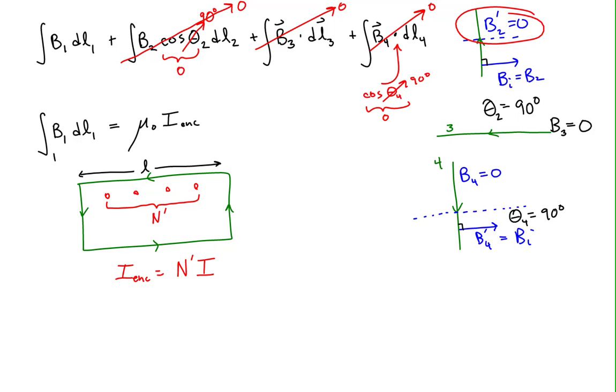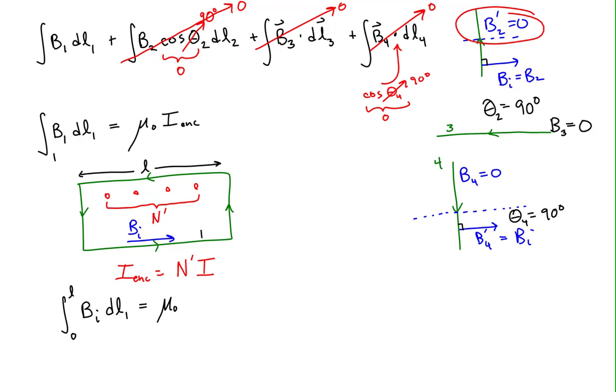This means that we could write that our integral along segment 1 is the integral from 0 to L of our magnetic field along path 1. Remember, our magnetic field along path 1 we are calling B1, times dL1, is equal to mu naught times the current enclosed by our Amperian loop.